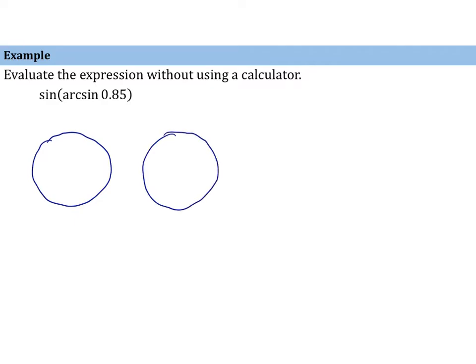And we have angles over here, and we have ratios over here. And angles go to ratios by our trig function. And our trig function here is sine. And we are going from our ratio to an angle by our inverse trigonometric function, which is arc sine.